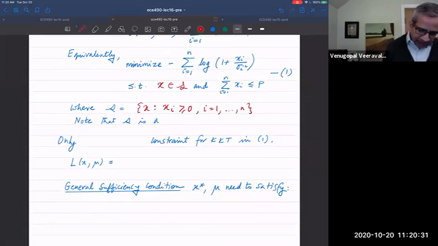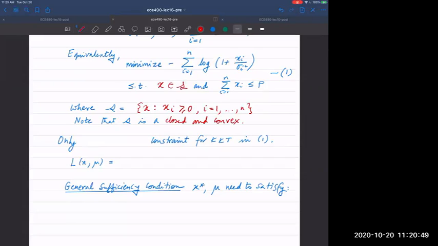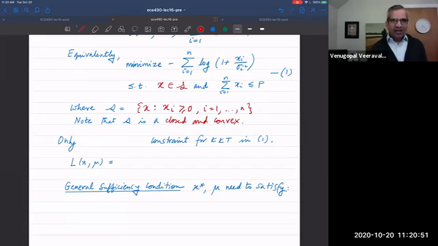So this S is a convex set and it's closed, because each of the xi's being non-negative is a closed set, which is convex. You take the intersection of closed sets, you get a closed set.